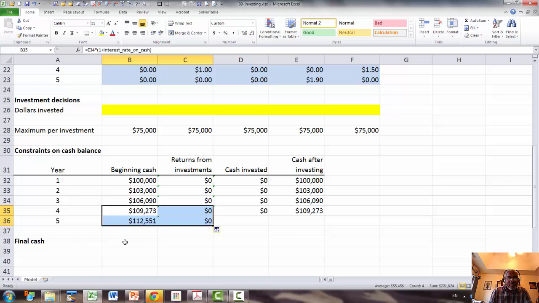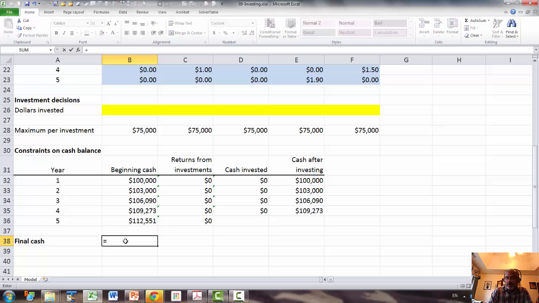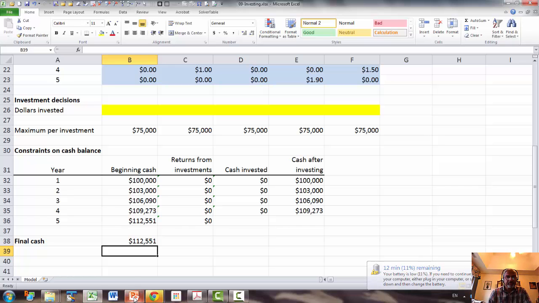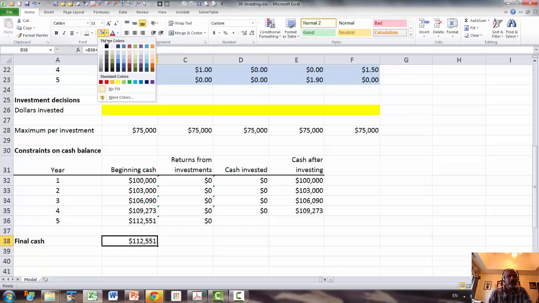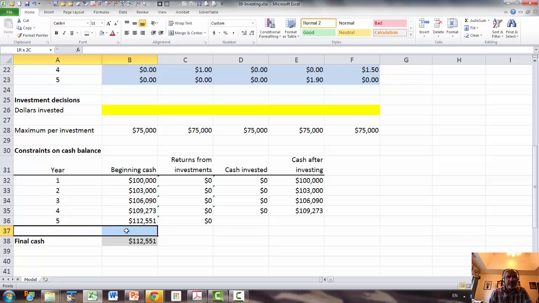Then the final cash position is the sum of these two. That's our objective function that needs to be maximized.